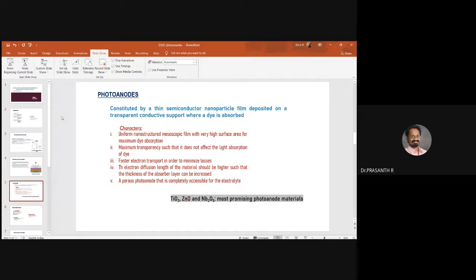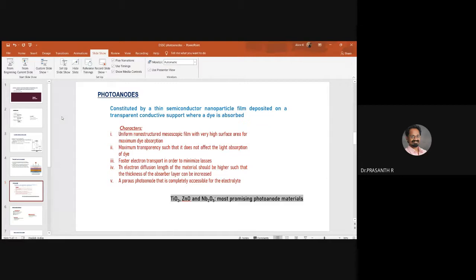It should have a uniform nanostructure, mesoscopic filling with very high surface area. This is for maximum dye absorption because we know increased surface area could enhance absorption properties and reactivity.